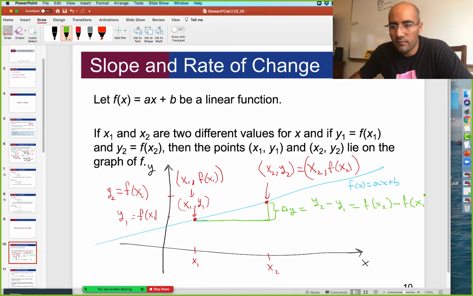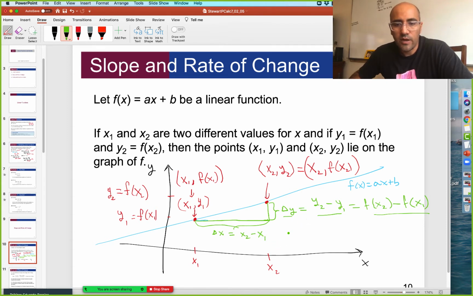So whether you describe it this way, or this way, or whether you just say delta y, they all mean the same thing, right? Change in the vertical direction. And then here, this little gap here is either delta x, or you can also say it's x sub 2 minus x sub 1.